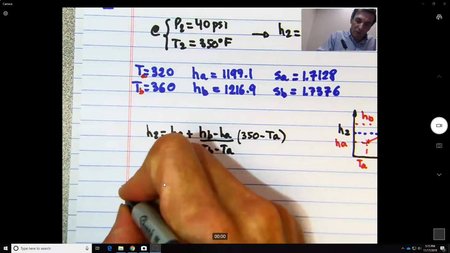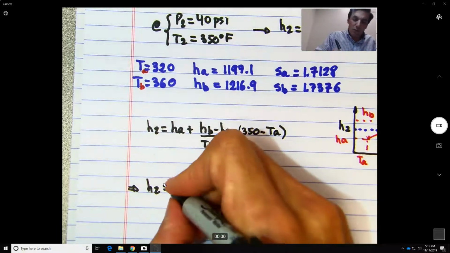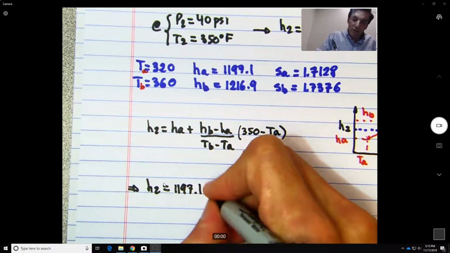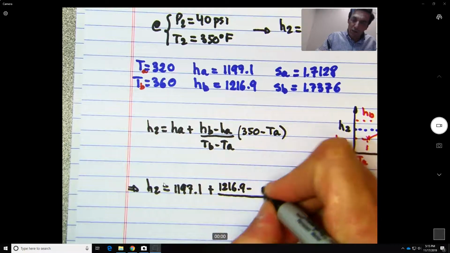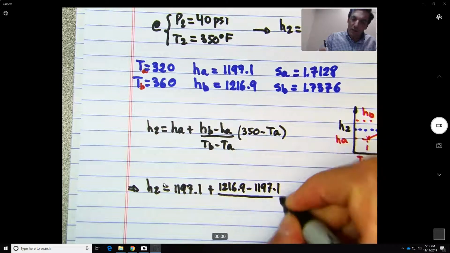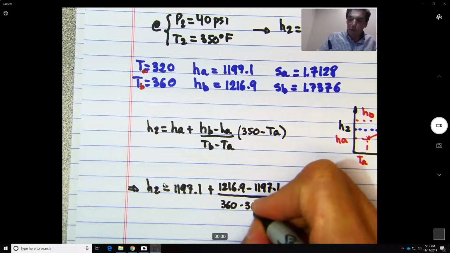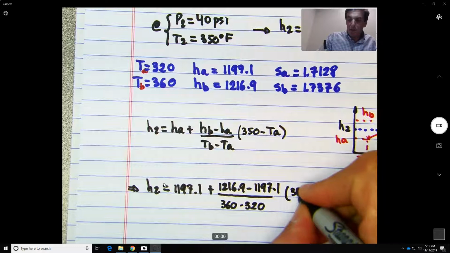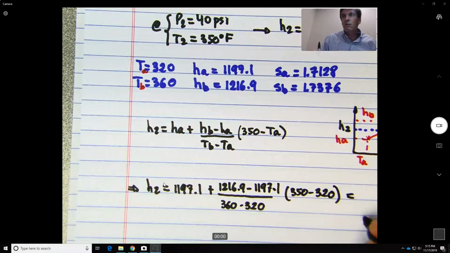So if we substitute, that would be equal to what? 1197.1 plus 1216.9 minus 1197.1 divided by 360 minus 320 times 350 minus 320, and that is going to give us a value for H2 equal to 1211.95.